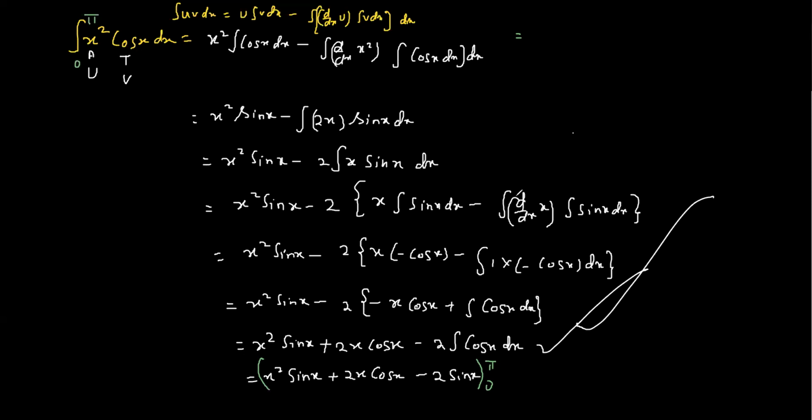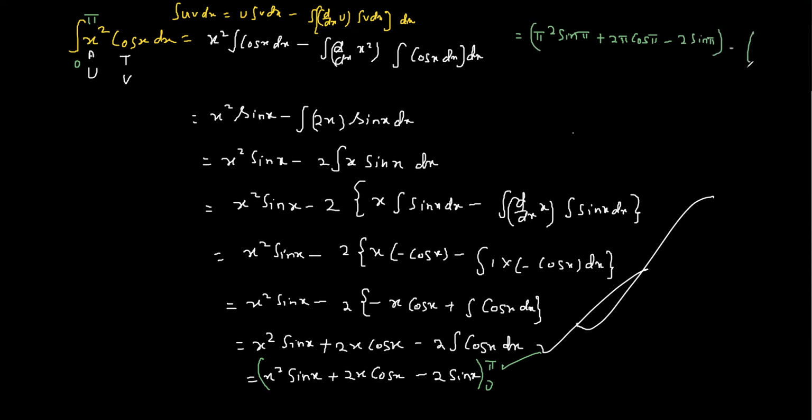Put the value of x as pi. So after integrating by using the UV rule or integration by parts, put the value of the limits. First, you have to put the upper limit, minus the lower limit.